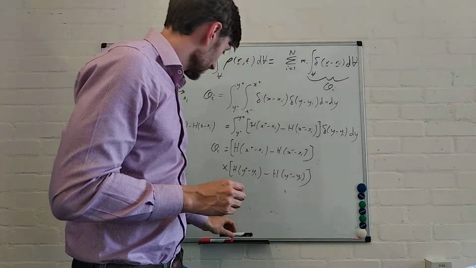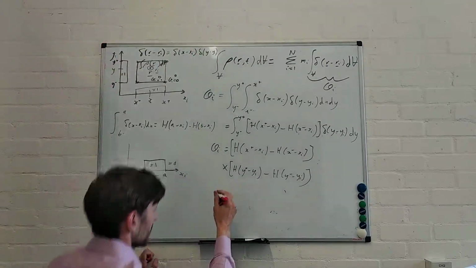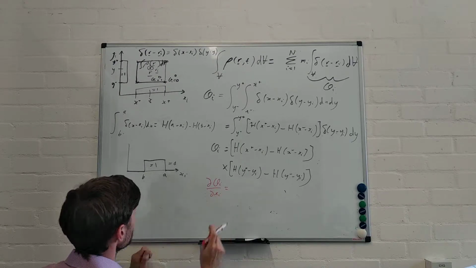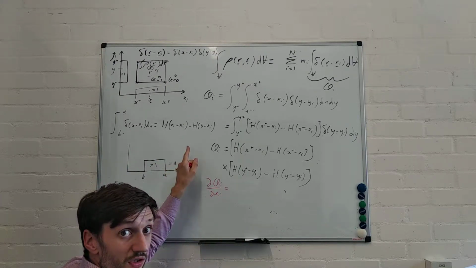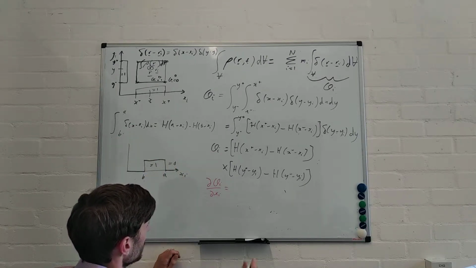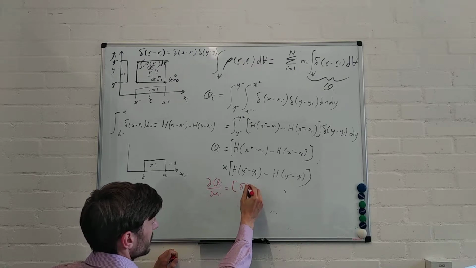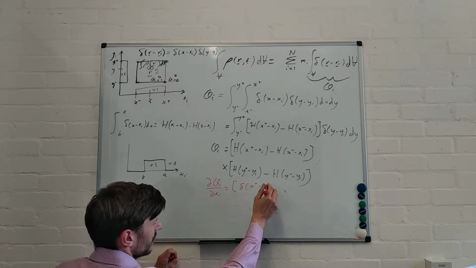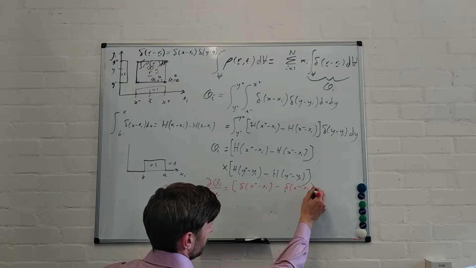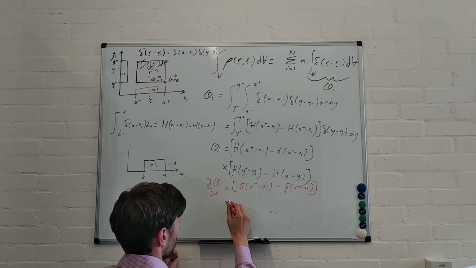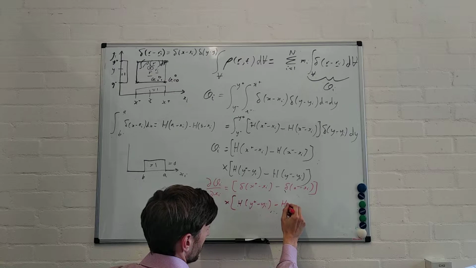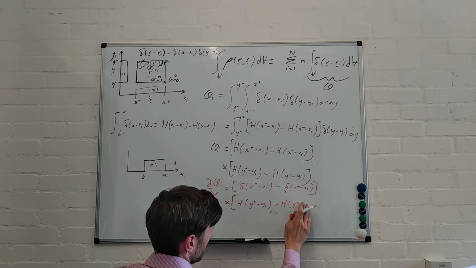The last thing I want to show you is what happens when we take the derivative of this function. So we can take its derivative, say, in x. In the same way the integral of the Dirac delta function gives you the Heaviside, the derivative of the Heaviside gives you the Dirac delta function. So our x Heaviside functions just become delta of x plus minus xi, minus delta of x minus minus xi, and this is times the Heaviside of y plus minus yi minus the Heaviside of y minus yi.